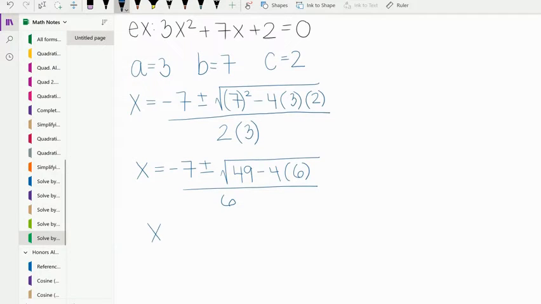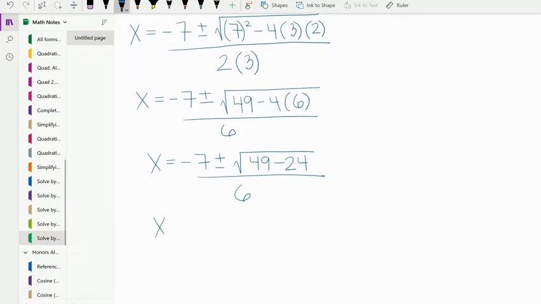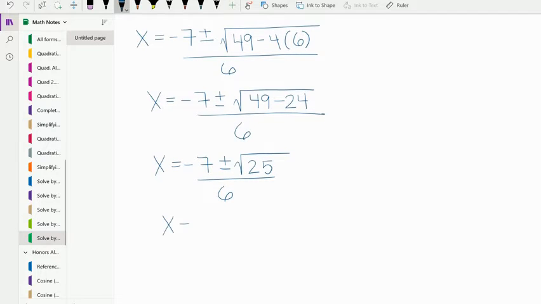So then we get x equals negative 7 plus or minus the square root of 49 minus 24, because 4 times 6 is 24, all over 6. And then next up is to combine those like terms. So negative 7 plus or minus the square root of 49 minus 24, which is 25, divided by 6. And then this turns into plus or minus 5, because that's what the square root of 25 is. So this is where we end up.